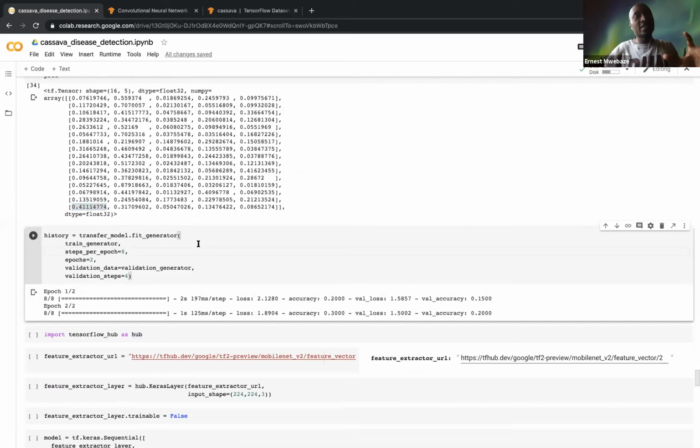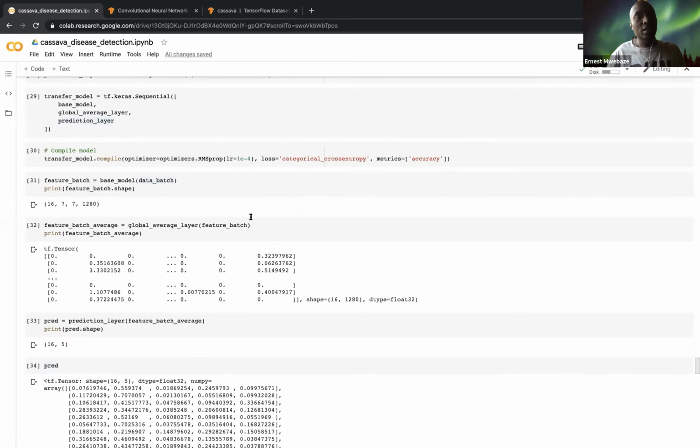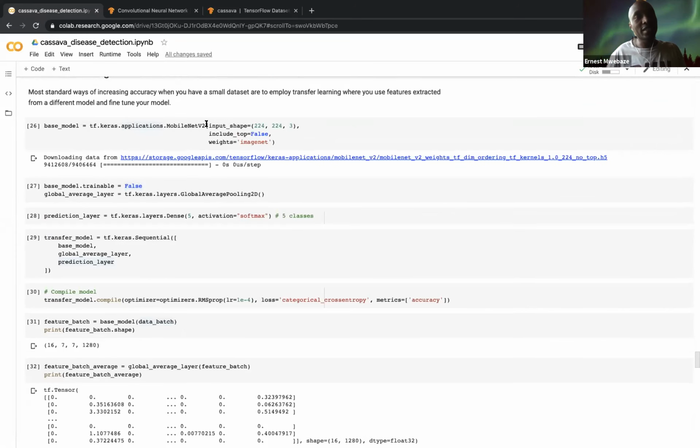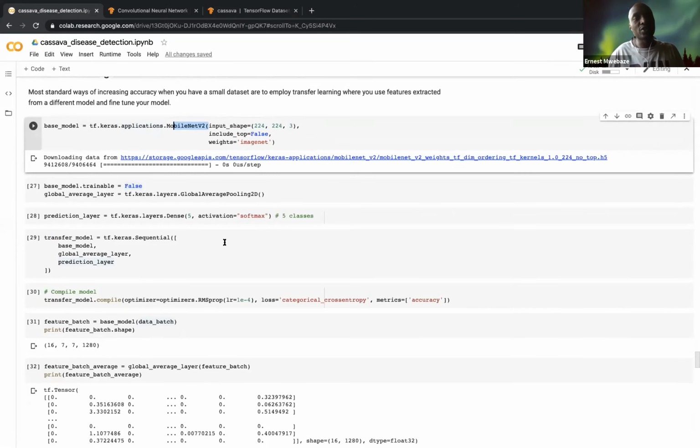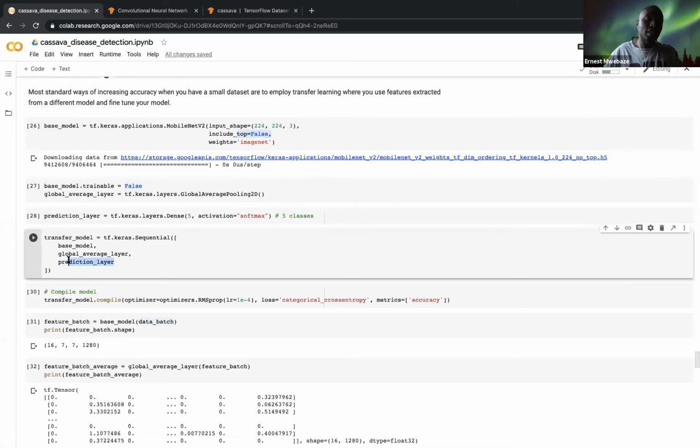So that's an example of how we can use a different architecture, in this case, MobileNet version 2, cut off its top. So we are cutting off the top here, and add on our cassava model as the top here, and then train that.